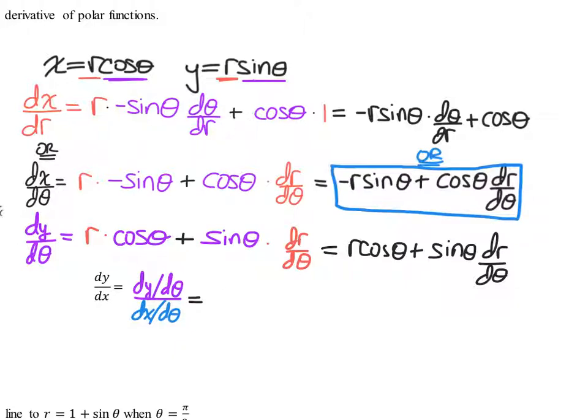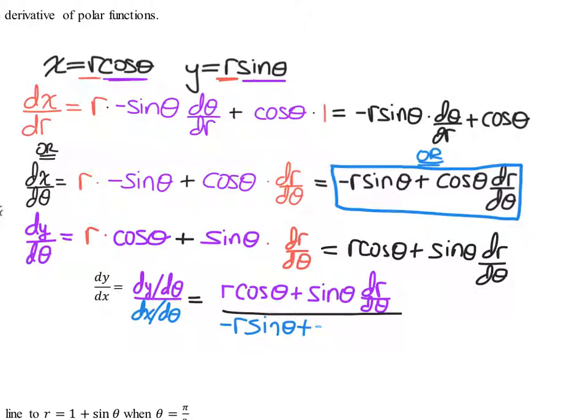So we're looking at r cosine theta plus sine theta dr d theta, and then the denominator would be negative r sine theta plus cosine theta dr d theta. And really, there's no simplifying this any further. That's your formula.